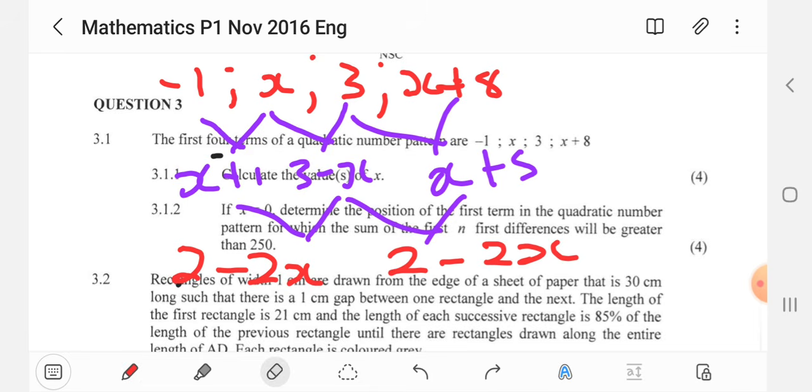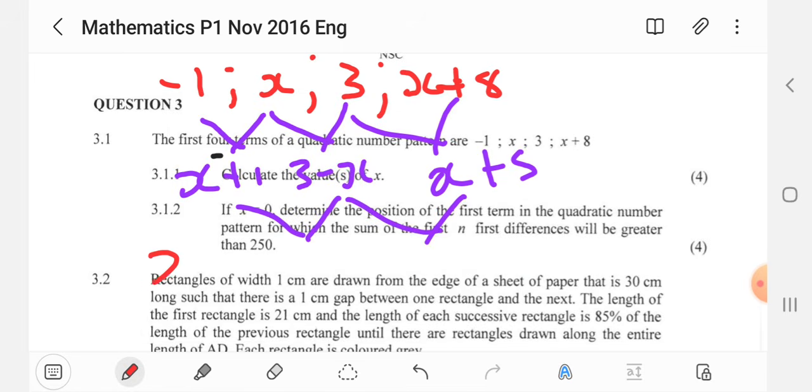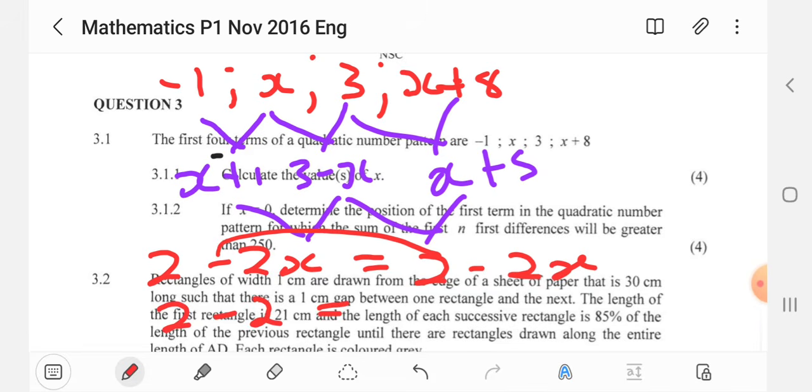Now what we will do, we will say 2 minus 2x equals 2 minus 2x.